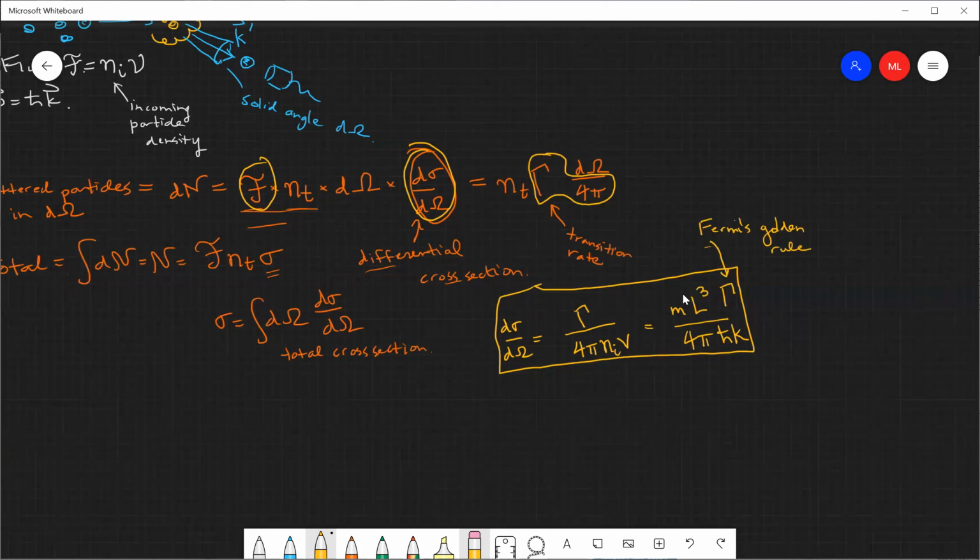But you see there's lots of nice features here. For instance, this L cubed, if you recall, on the homework you calculated using Fermi's golden rule transition rates to a free particle, which is what you're doing here, that was proportional to the density of states.